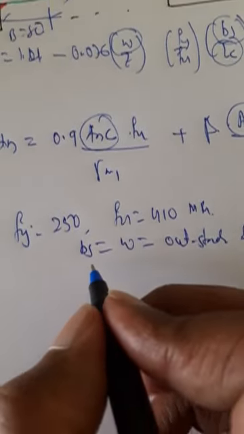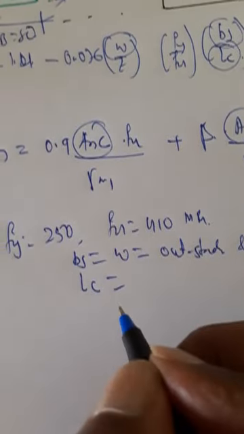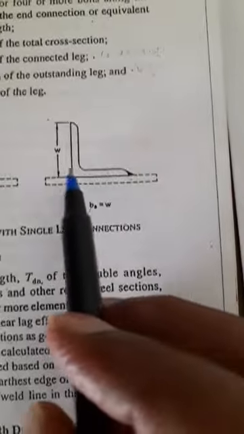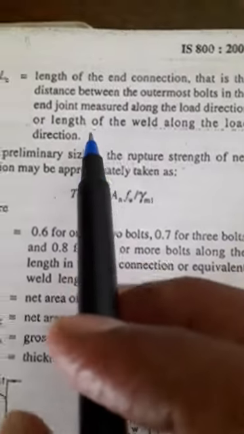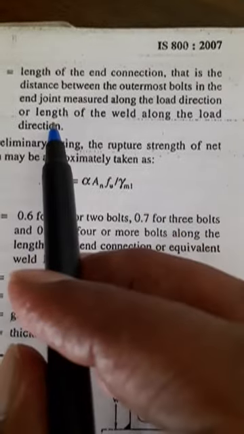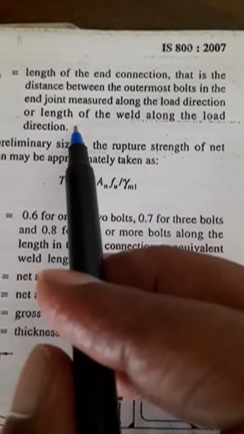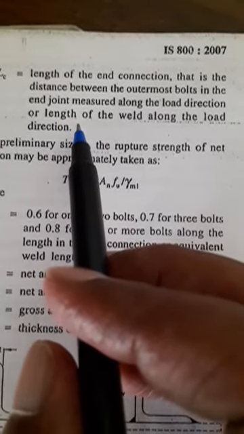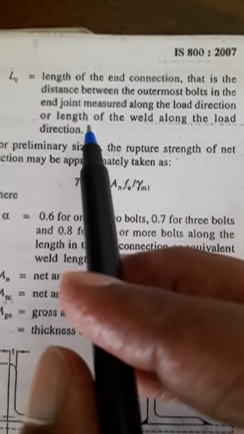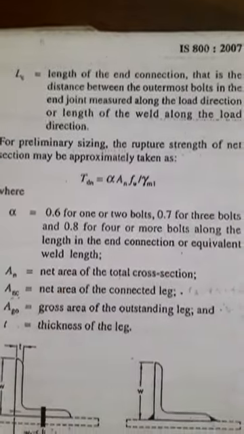Next, Lc. What is the definition of Lc? Just look here. For weld at both these sides, here it gives the equation, or length of weld along the direction, average length of weld. For bolted connection, I have to calculate Lc, center to center between the two bolts.